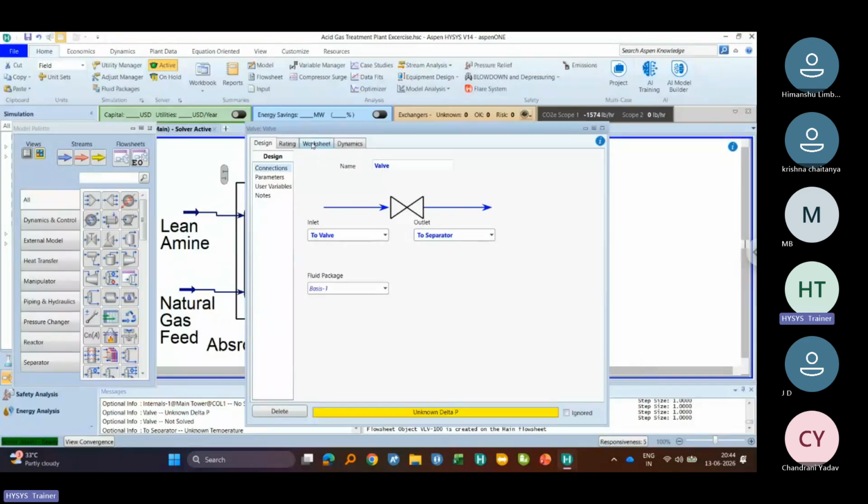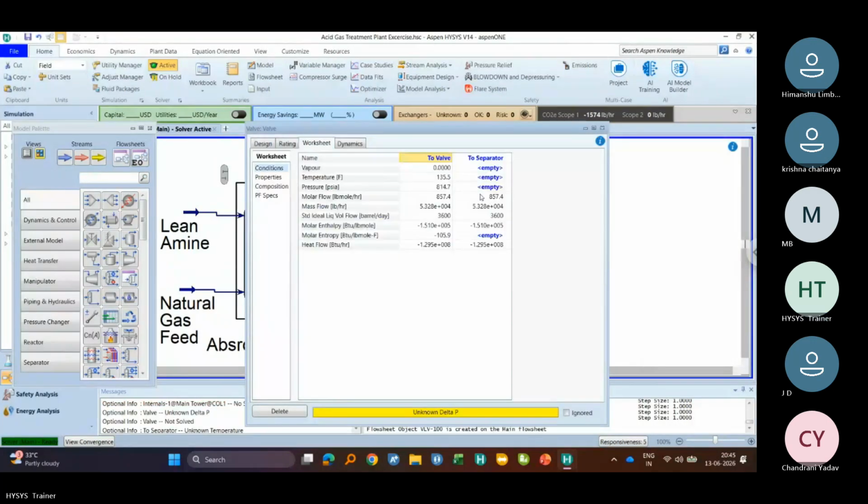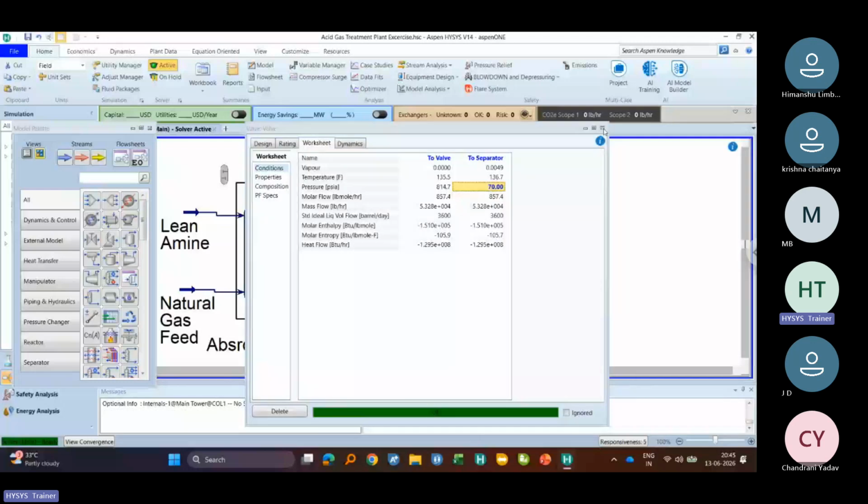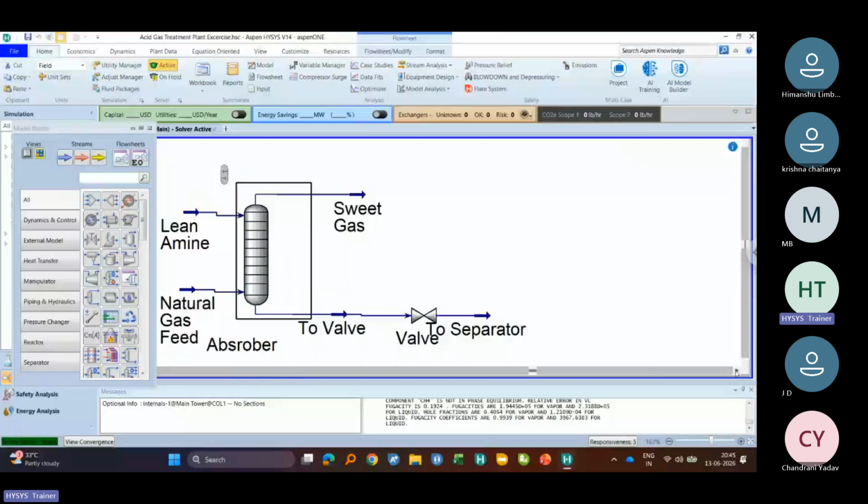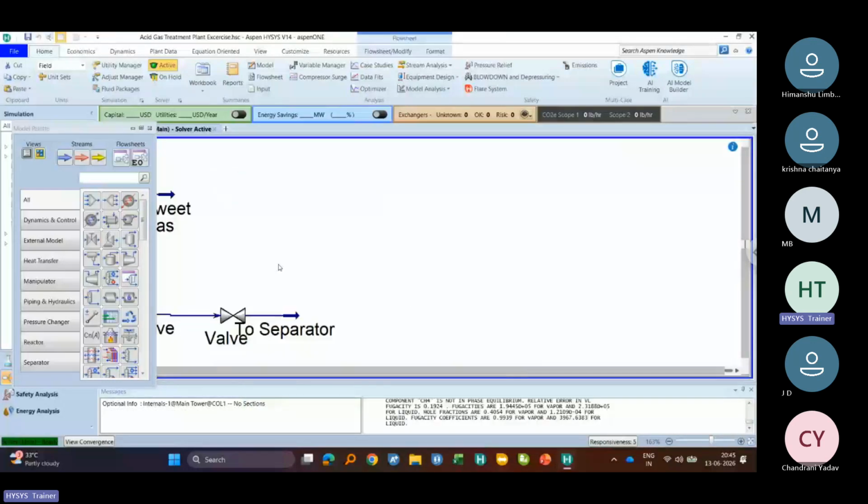Unknown delta P, we will go to this worksheet part and we will mention the outlet pressure as 70 psi, because we need to have the stream pressure of the feed stream for the separator as 70 psi. So give that value over here and our valve is now converged. We will add the next part, that is a 2-phase separator.